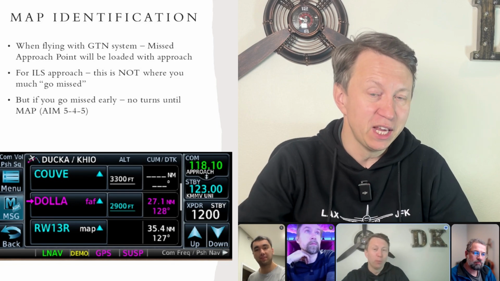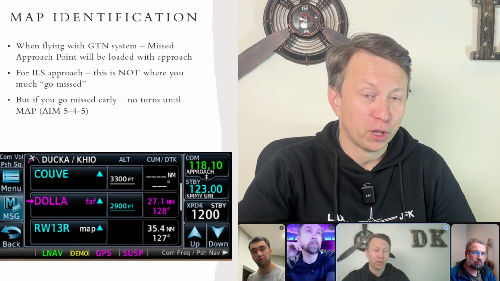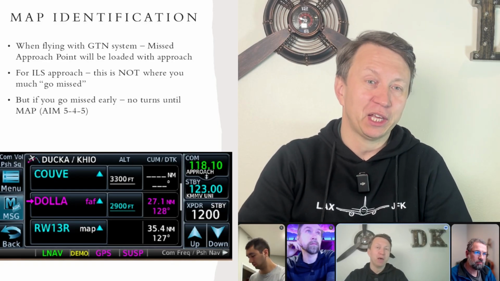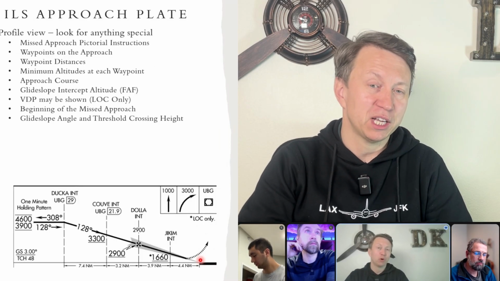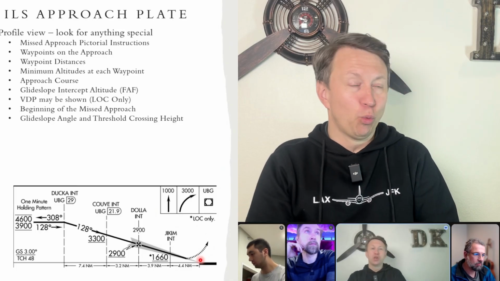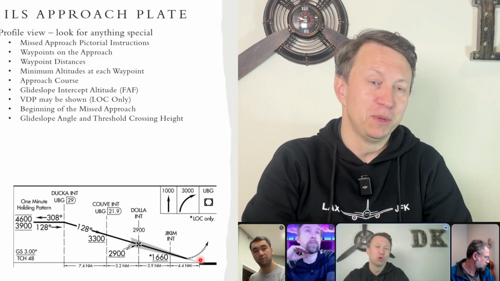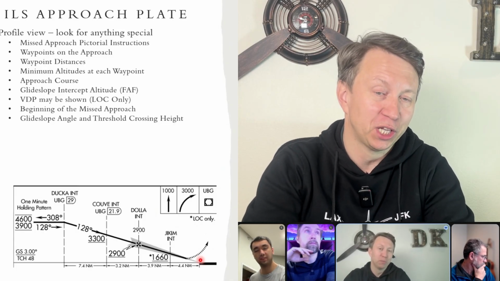You'll see a waypoint called the missed approach point for the runway. It will be named typically something like MAP RW13. So if your GPS is with you and functional, you will see that countdown to the missed approach point, and you know when you cross that using GPS.